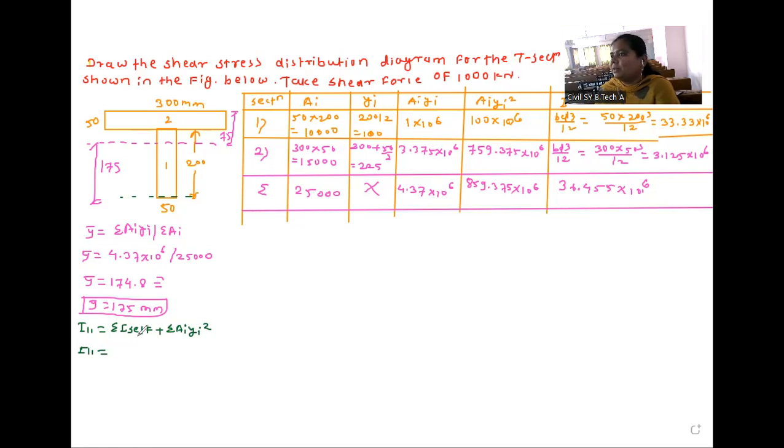Summation of I self is 36.455 into 10 raised to 6 plus summation of A y squared is 859.375 into 10 raised to 6. So you calculate and tell me I11, which is equal to how much?